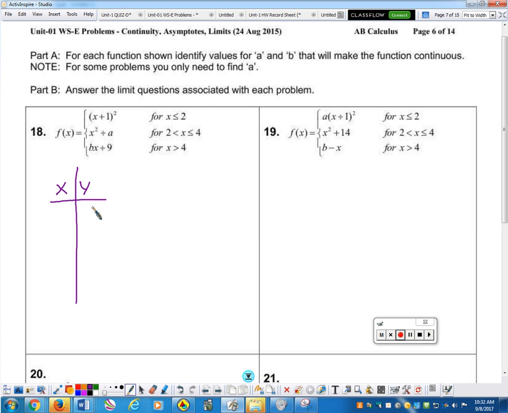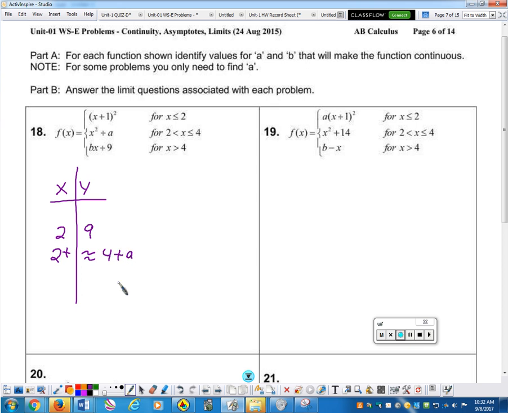So let's see. Plug in 2. 2 plus 1 is 3. 3 squared is 9. If I plug in 2 plus, that uses this formula. So 2 plus squared would be 4. So it's pretty close to 4 plus A, not exactly, but pretty close.